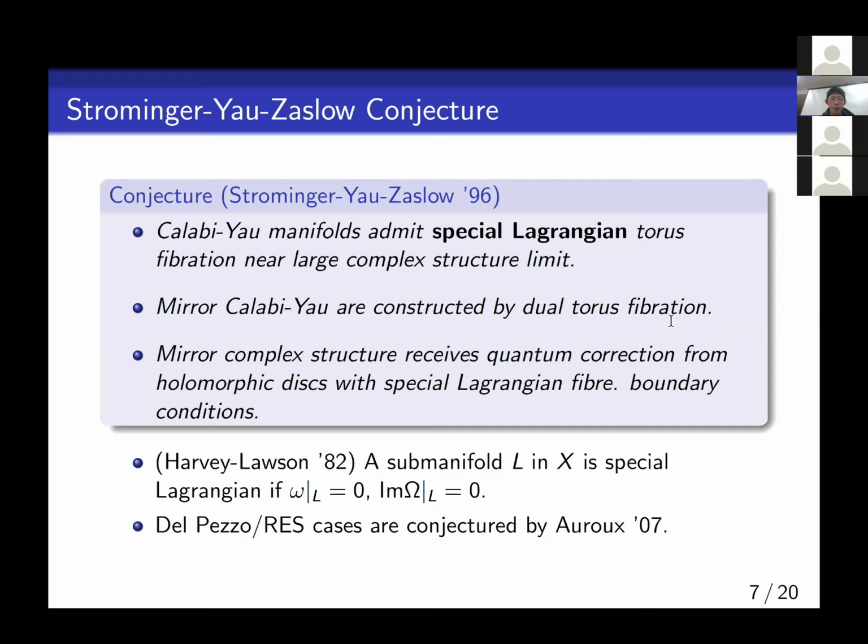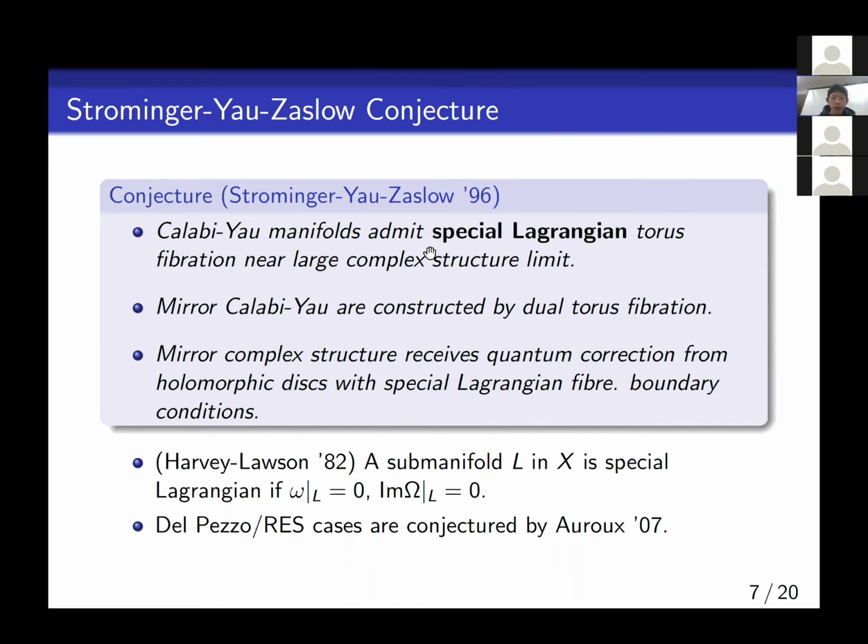And the other one is K3 surfaces, which I will say more about later. K3 surfaces are also hyperkähler, and so one can use hyperkähler rotation to turn elliptic K3 surfaces into special Lagrangian fibrations. And these are the two examples that we know so far since this conjecture in '96.